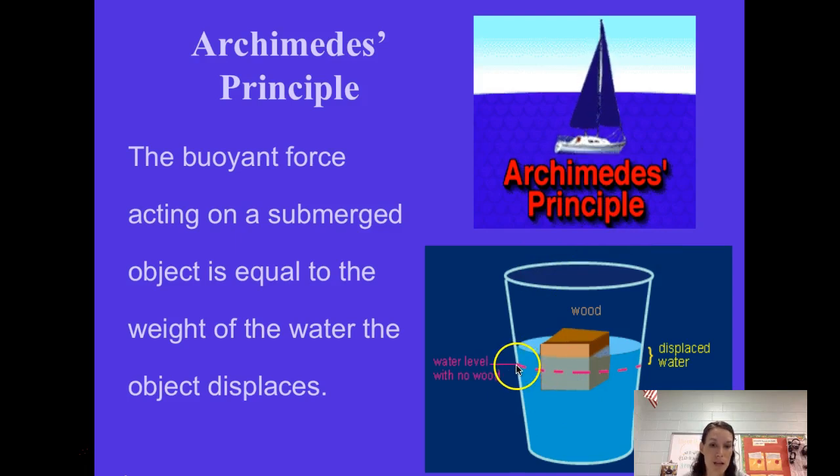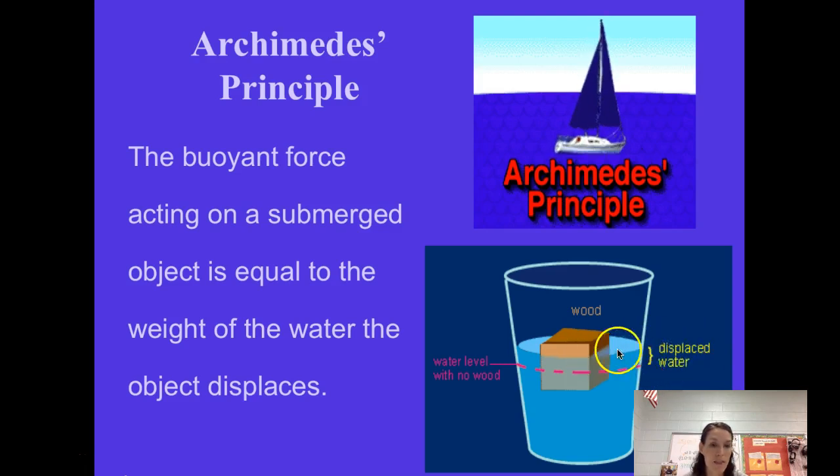So in this diagram, the water originally was at this pink dotted line, and then they put the wood block in. And when they put the wood block into the cup here, the water rose this amount. So it rose from the pink line to the top of where it's at right now. And that's what is called displaced water.